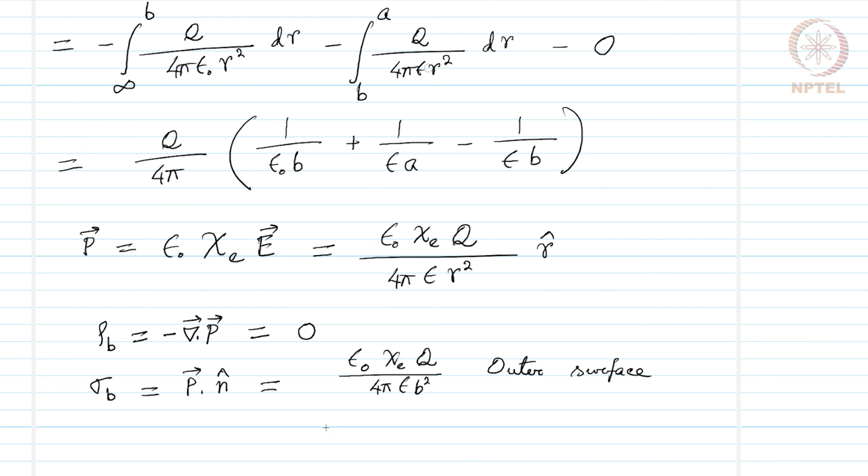And it is minus epsilon naught chi e q over 4 pi epsilon a squared for the inner surface. This is how it looks.